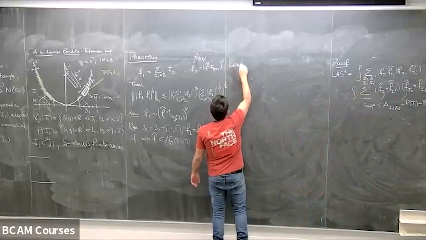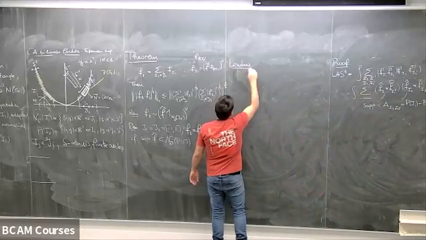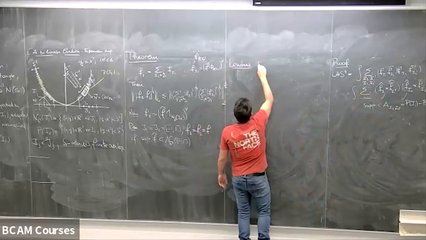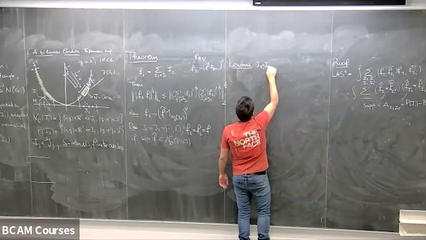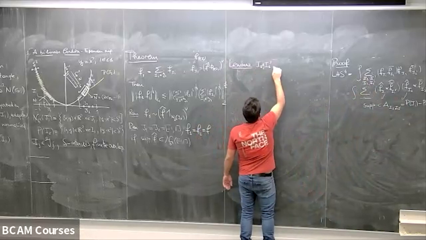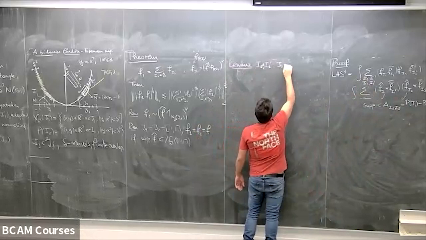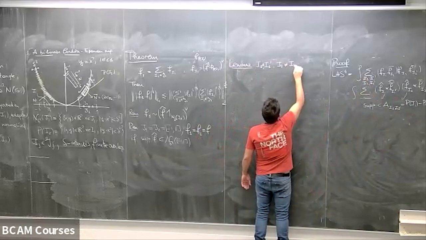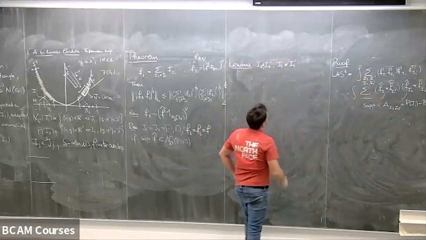It's difficult to see it this way, but okay. Let's take two intervals I1 and I1 prime, and two intervals I2 and I2 prime, different from them.